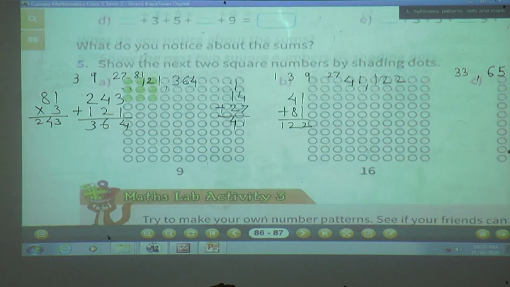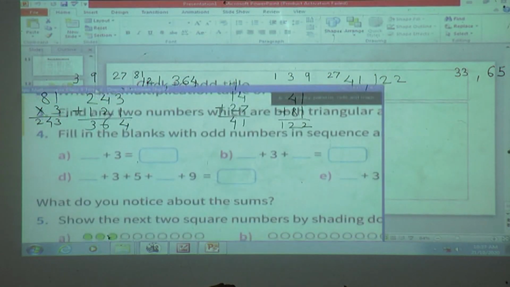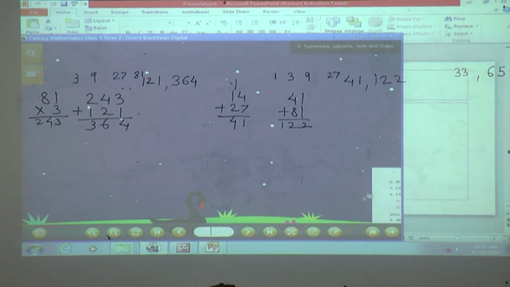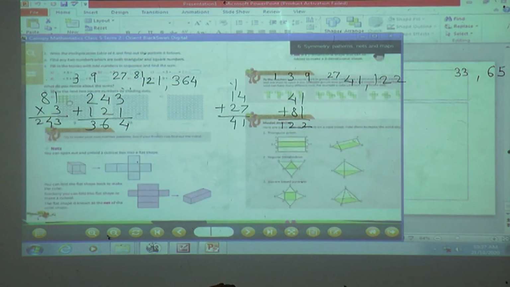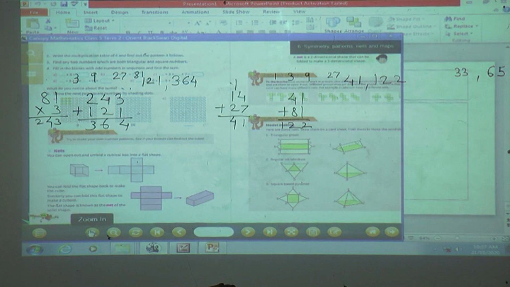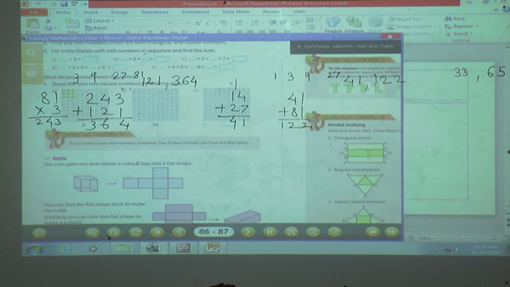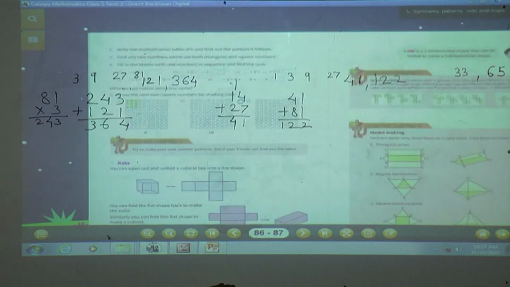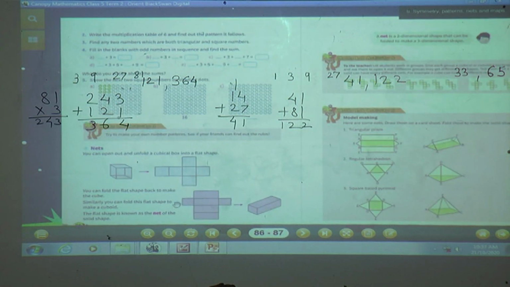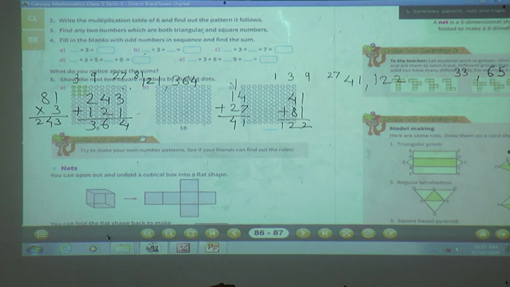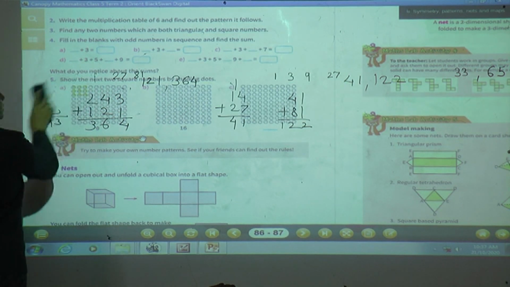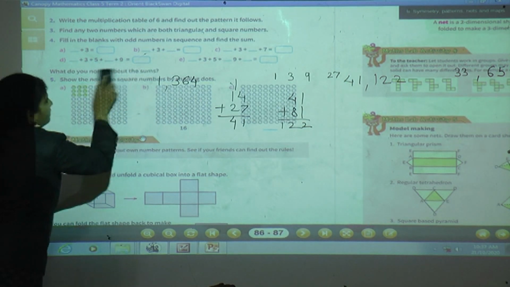Here, see. So what they have given here students? Write the multiplication table of 6 and find out the pattern it follows.